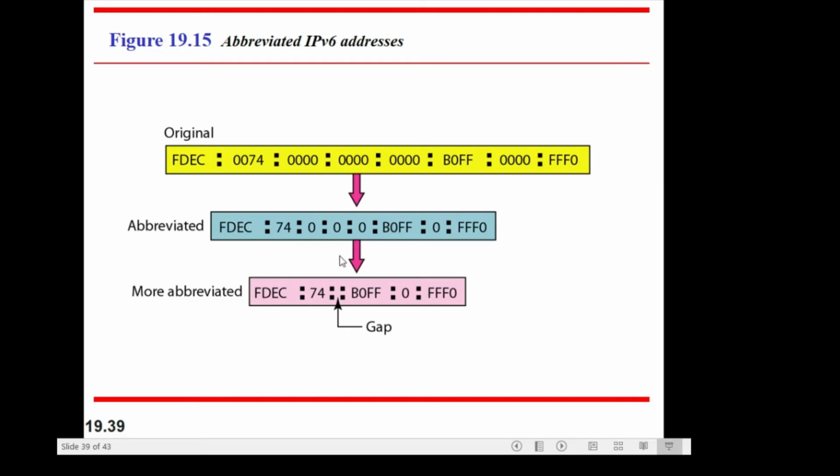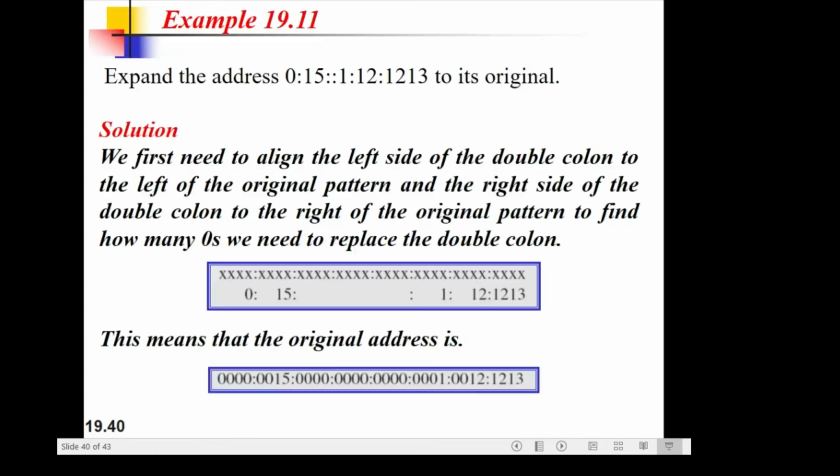These three zero sections go to only one gap. So this is how we can simplify the original form of the IPv6 into the abbreviated address.